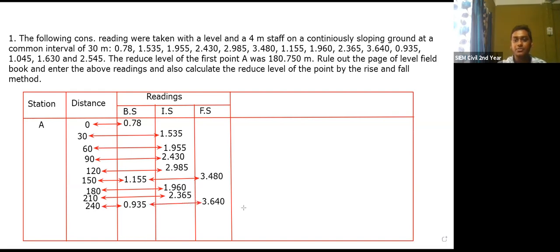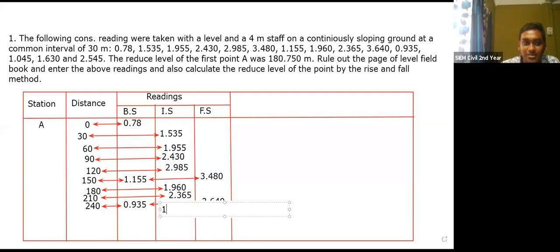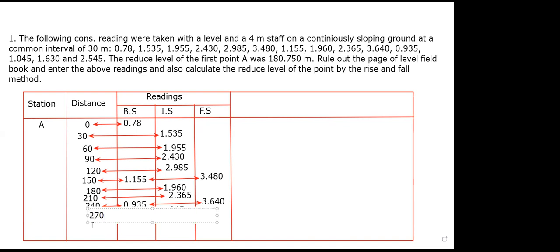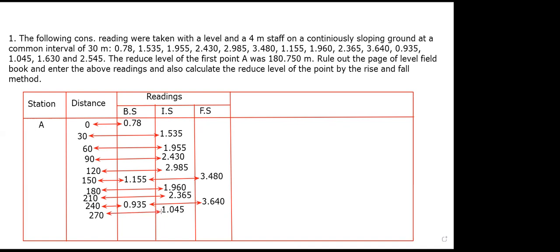Okay. Next value is what? 1.045. IS, sorry sir, IS. That means 1.045 for the distance 270, another IS value.